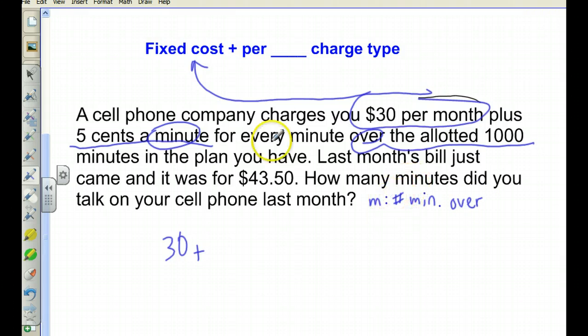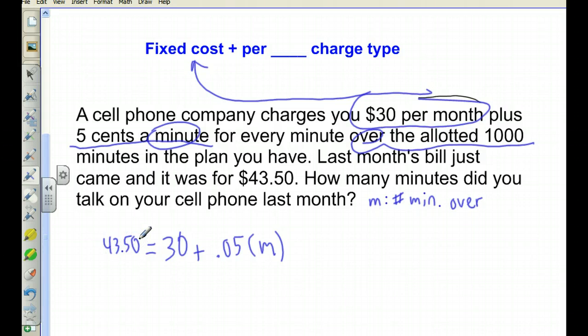So if M is the number of minutes, I'll say 5 cents a minute. Make sure to convert, this is dollars, $30, so 5 cents would be 0.05 times M. And that's equal to our cost. Our cost in this case is $43.50, so that should equal $43.50.